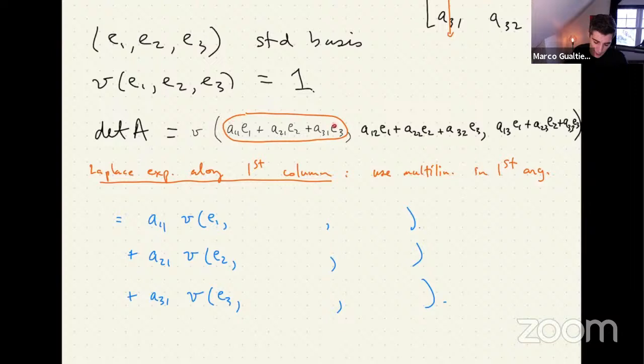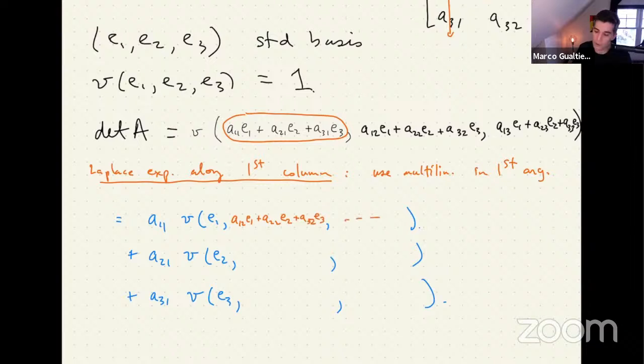I'm just expanding out the multilinearity in the first argument. That's what Laplace expansion means in the first column. Now the question is, what am I going to put here? I have to put these 2 entries: A12 E1 plus A22 E2 plus A32 E3.